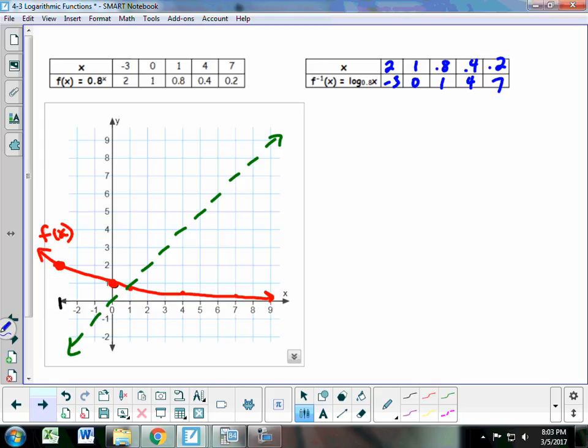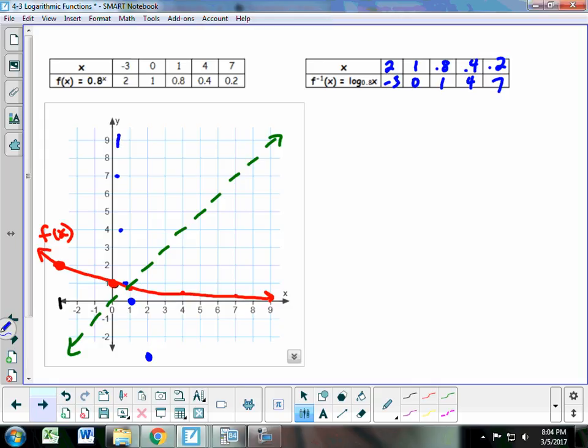Okay, so let's go 2, -3, 1, 0, right here. 0.8, 1. Let's see if I can fit that in there. About there-ish. 0.4, up 4, about there. 0.2, up 7, about up there.